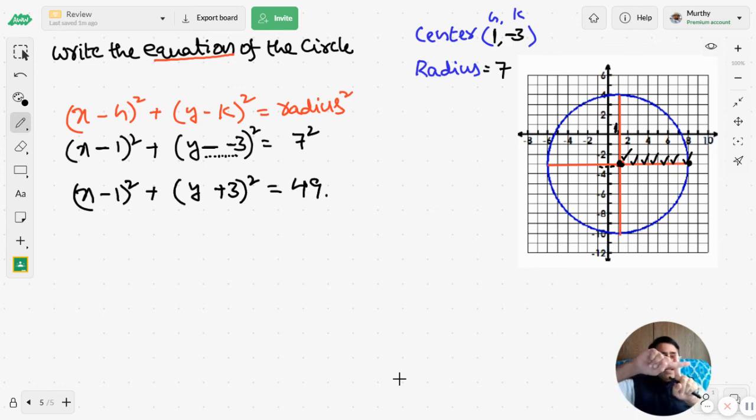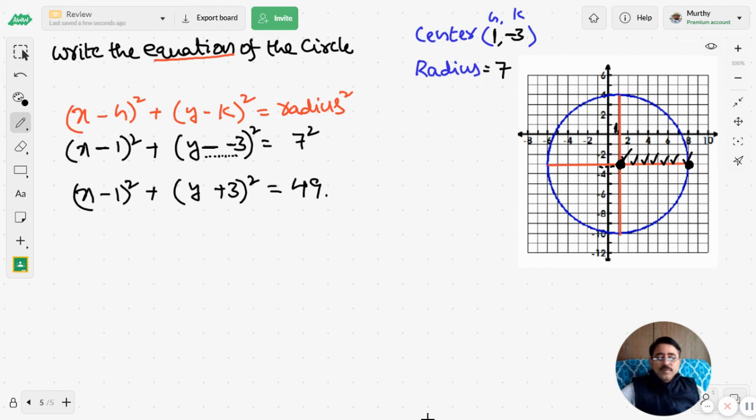Where these two intersect, there you will find the center of the circle. Once you find the center, write what the values are. Then radius is the distance from the center of the circle to any point on the circle. Just count the number of blocks.